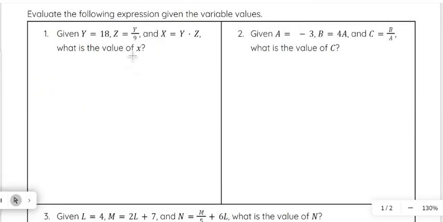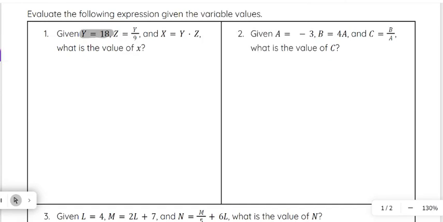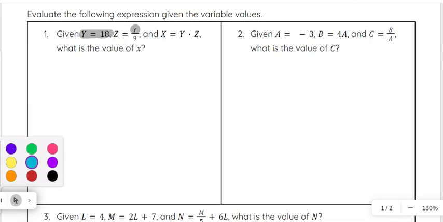On example 1, it says given y equals 18. So here we see that y is equal to 18. Anywhere there's a y, we can go ahead and plug in 18. So I'm going to start with z equals y over 9. In that, we can plug in the 18 up here in for y.